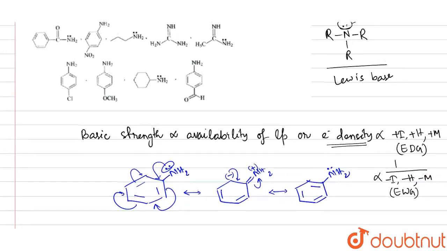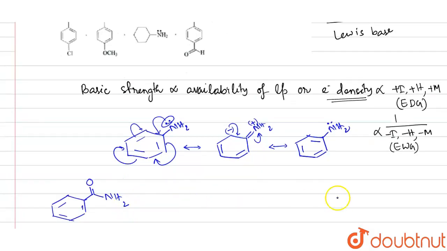So in the first compound, this is an amide. Now in case of aniline, we have this phenyl ring or benzene ring that shares the electron density of nitrogen with itself. But here this carbonyl is present, which is a strongly electron withdrawing group. What this can do is pull the electron density of nitrogen towards itself, so that nitrogen becomes less basic, even less basic than aniline.